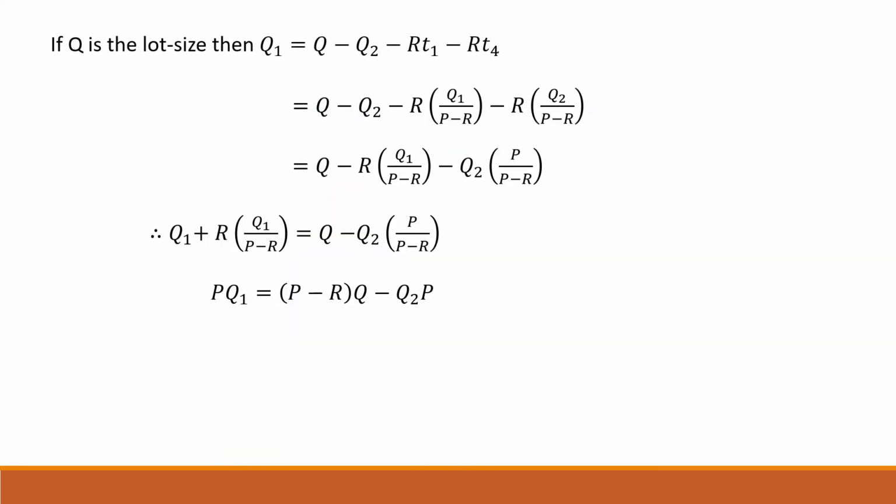If Q is a lot size then Q1 is equal to Q minus Q2 minus RT1 minus RT4. Using simple algebraic calculation, we get PQ1 equal to (P minus R) into (Q minus Q2) into P. Simplifying this gives me Q1 plus Q2 is equal to (P minus R) upon P into Q, and T is equal to Q upon R.